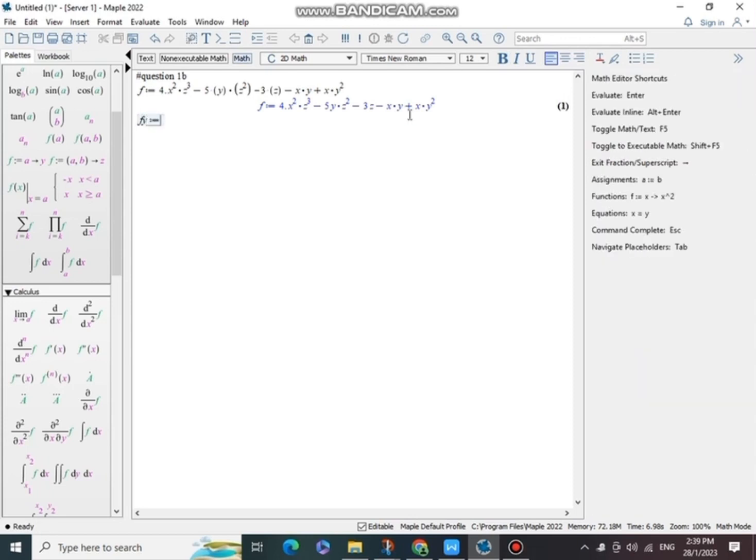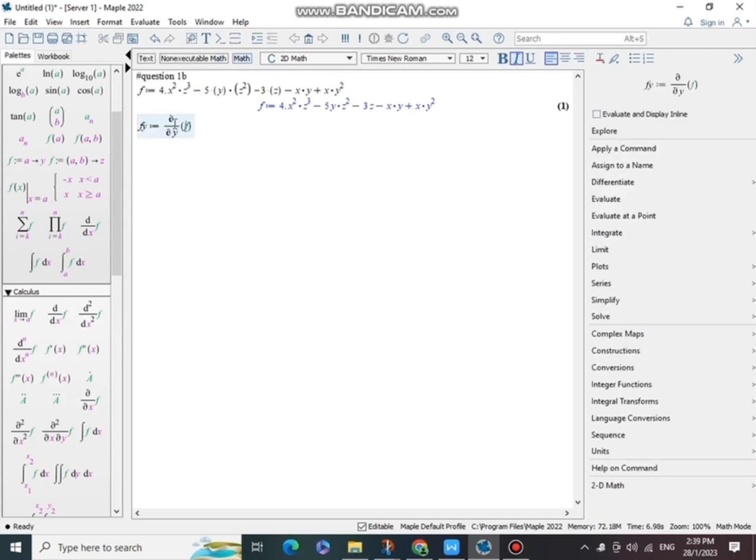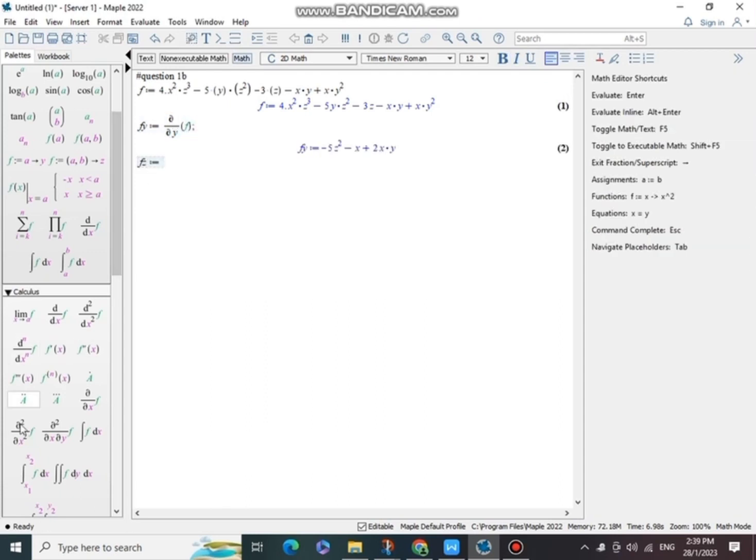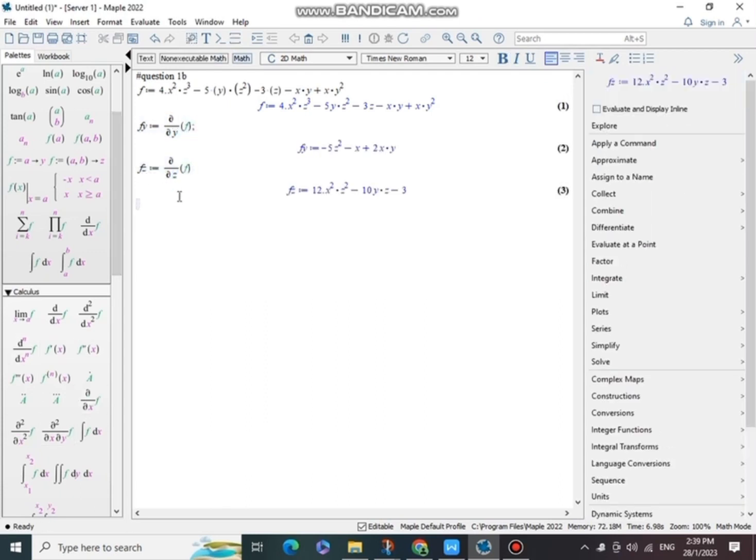First step is we find the differential fy, which is df over dy. Next is fz, df over dz.